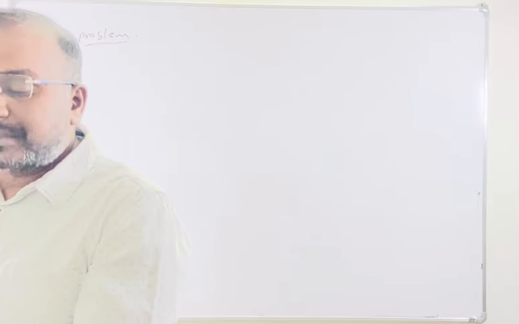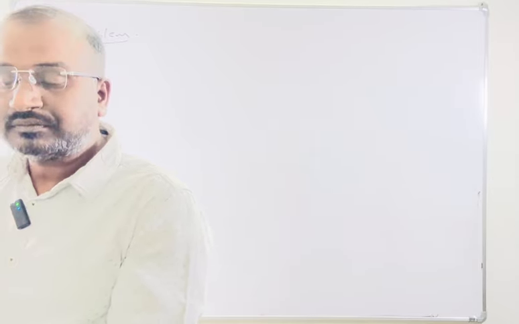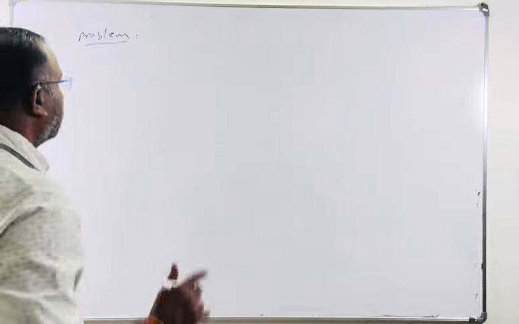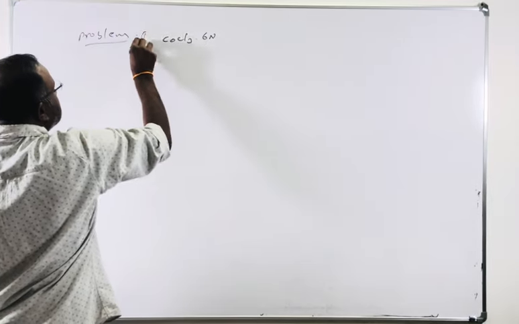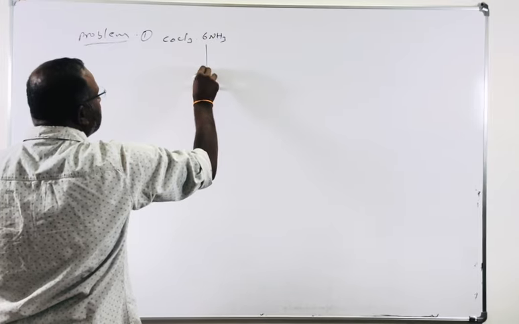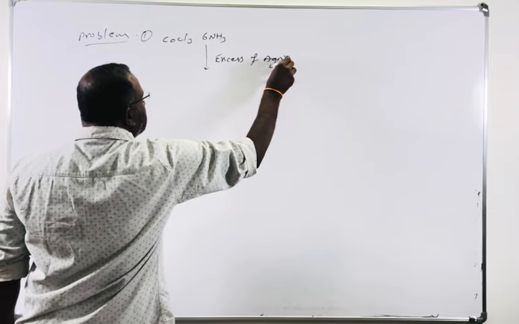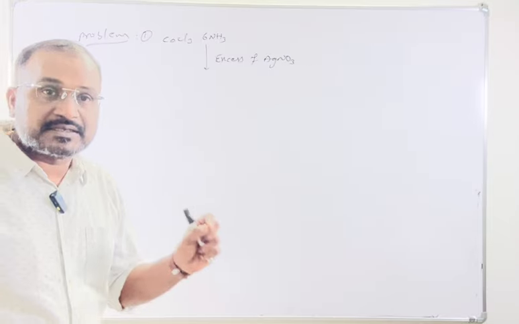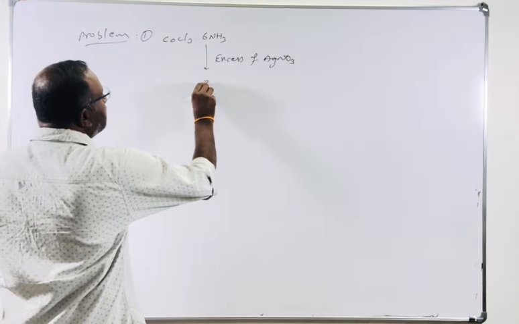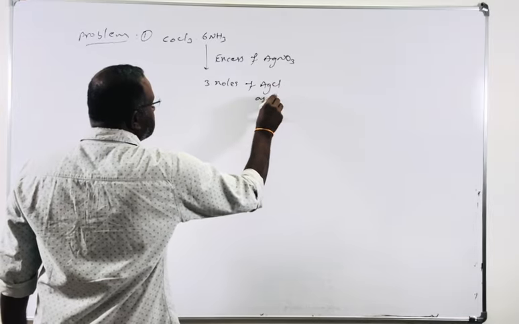One question is there: CoCl3 is treated with excess of HNO3, how many ions will be there? So let's go for one example. CoCl3·6NH3 is there. When it is treated with excess of AgNO3, it is giving 3 moles of AgCl as the precipitate.